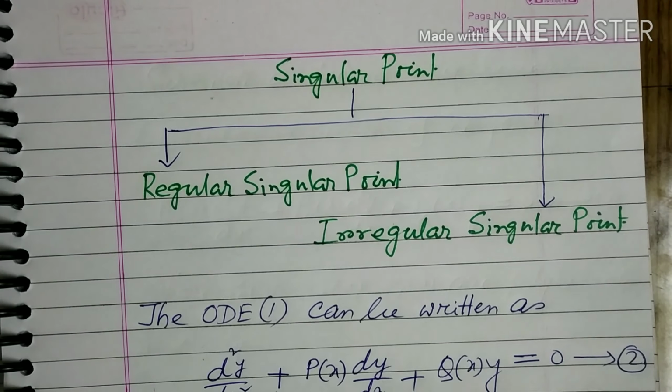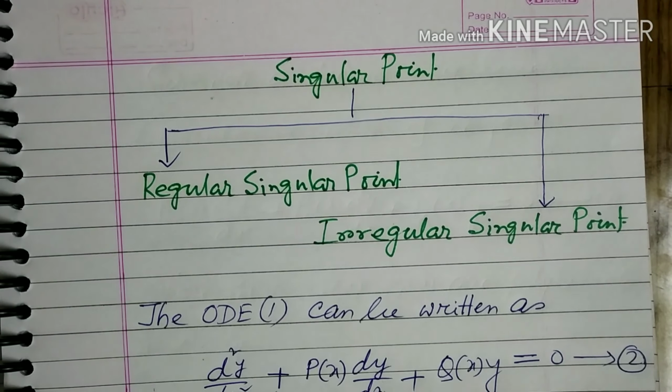So regular singular point and irregular singular point can be classified based on this equation number 2. Basically equation number 2 is similar to equation number 1, just for calculation point of view I have changed something.